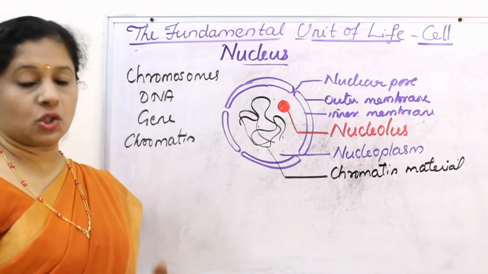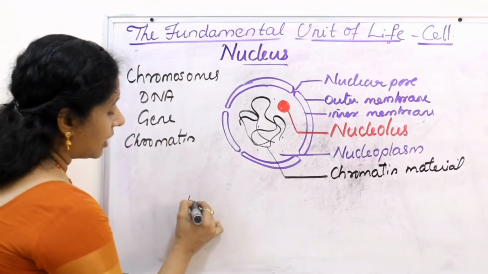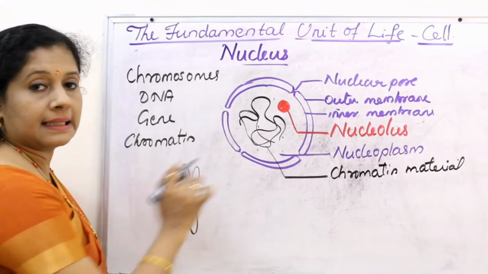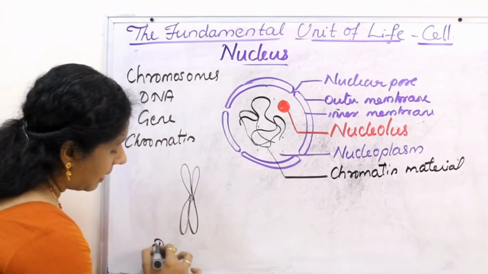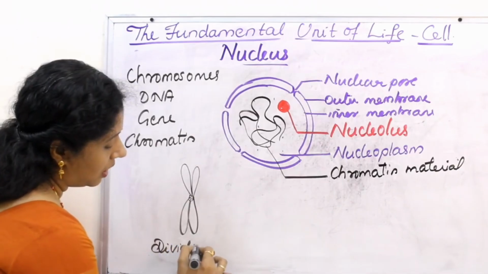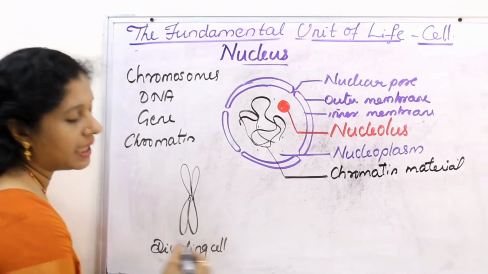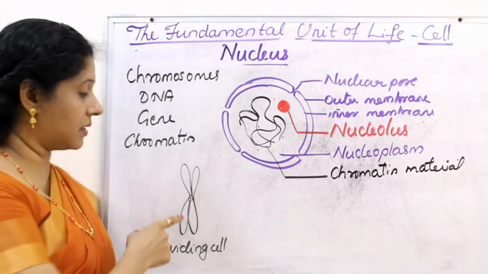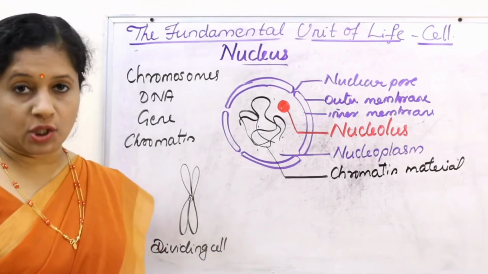So first, chromosomes. Chromosomes are actually rod-shaped structures like this present in the cell when it is about to divide. So only in the nucleus of a dividing cell you will find rod-shaped structures and they are called chromosomes.